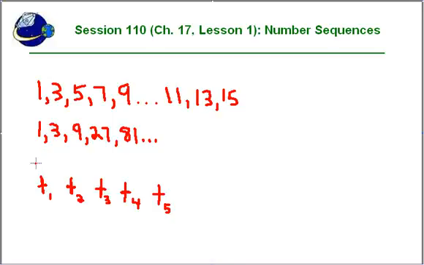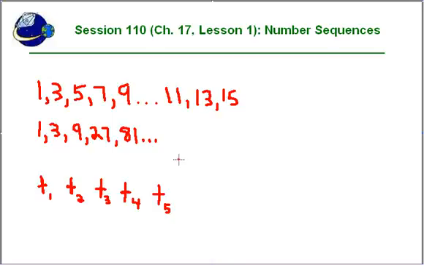Think about multiplication. What do we have to multiply the 1 by to get 3? Well, 1 times 3 is 3. Well, if we use that same pattern and multiply our second term by 3, what do we get? Well, 3 times 3 is 9. Using the same pattern, if we take our third term, 9, and multiply by 3, we get 27. 27 times 3 is 81, and then the 3 ellipses, and so on.